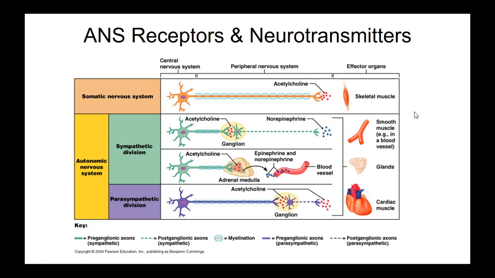If you look between the preganglionic and postganglionic neurons here, between whether it's the sympathetic or parasympathetic, what neurotransmitter are we seeing do that communication between the pre- and postganglionic neurons? Still acetylcholine, right? For the parasympathetic, what neurotransmitter is being released from that postganglionic neuron? Acetylcholine, okay?